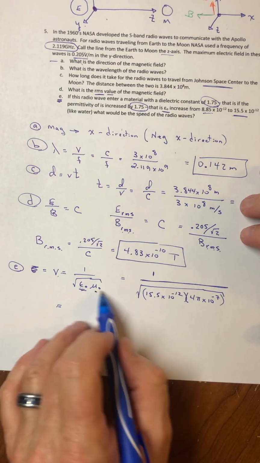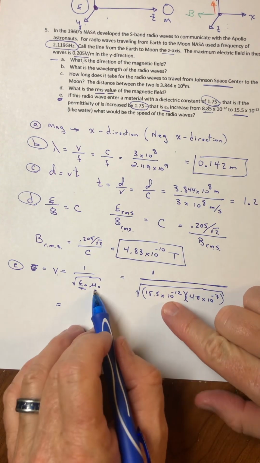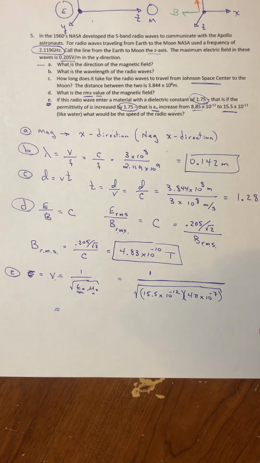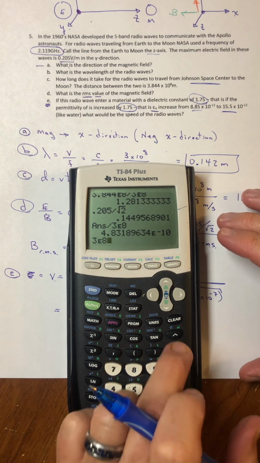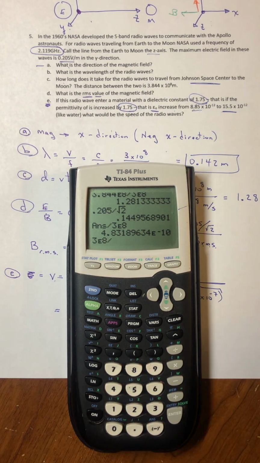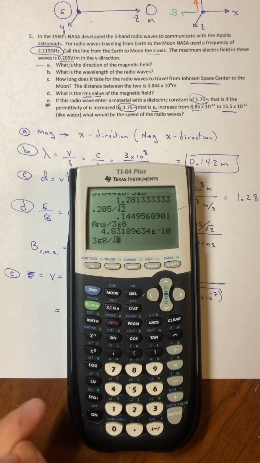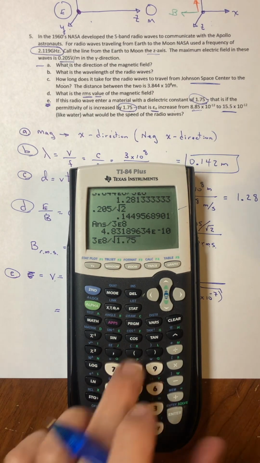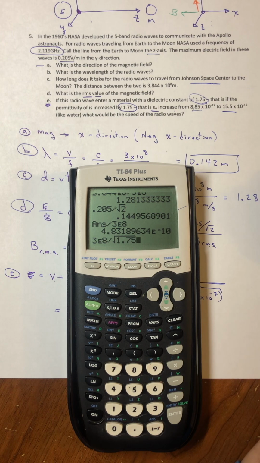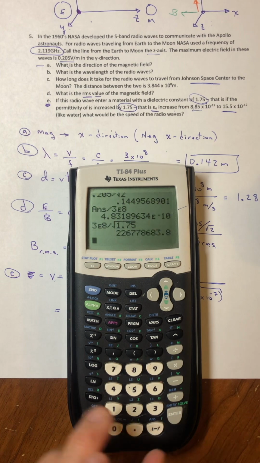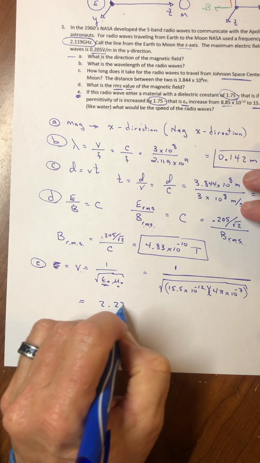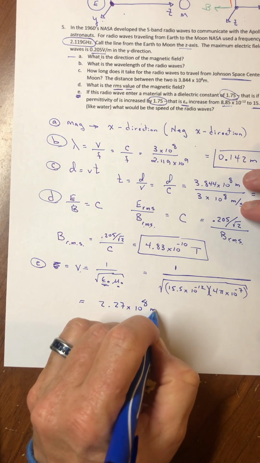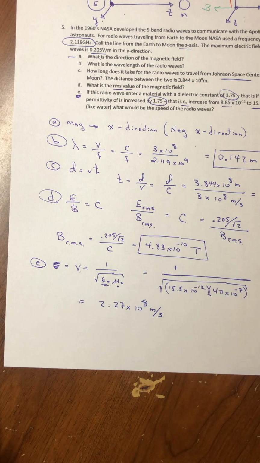Anyways, you could see that the speed would essentially be reduced by the square root of whatever that increased by. So if the speed of light was 3 times 10 to the 8th, it should be reduced by the square root of 1.75, coming up with 2.27 times 10 to the 8th meters per second.